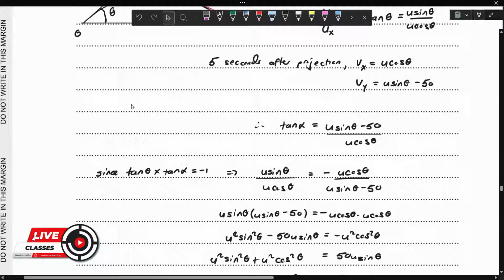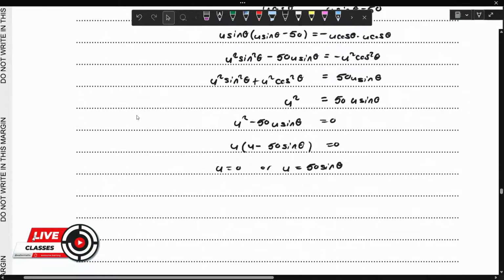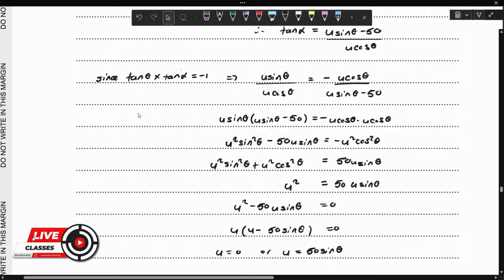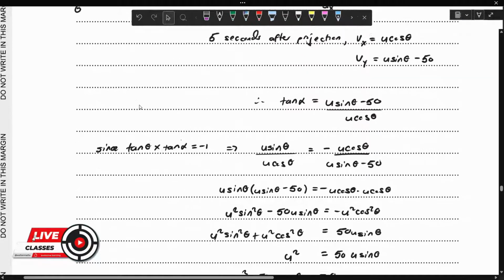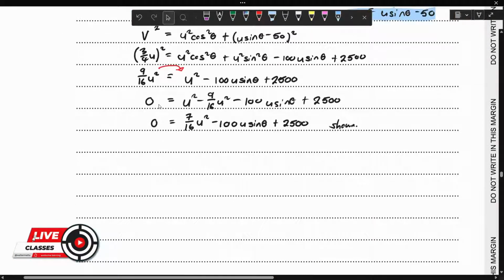All right. What do they want? They say we should find the value of u and the value of sine theta. So in this particular case, we have gotten that u is equal to 50 sine theta. Let's take back the equation we had shown right above.